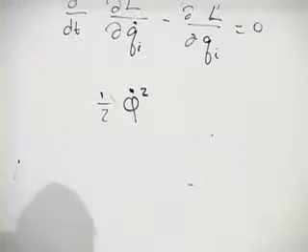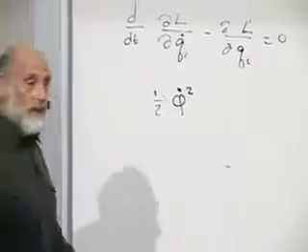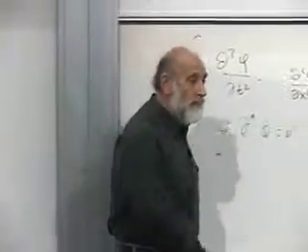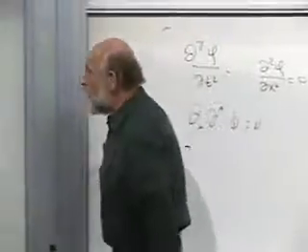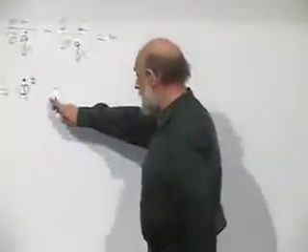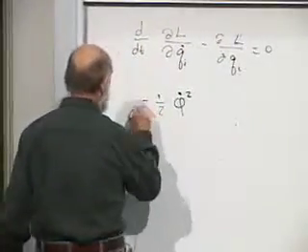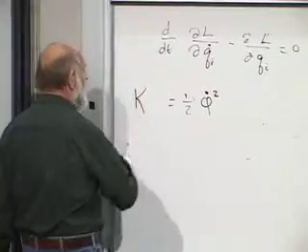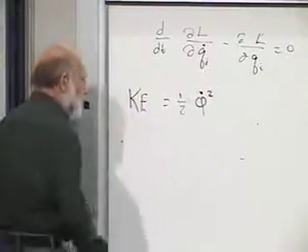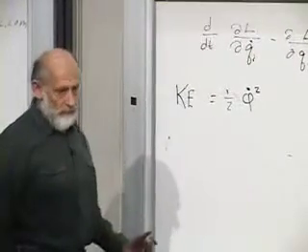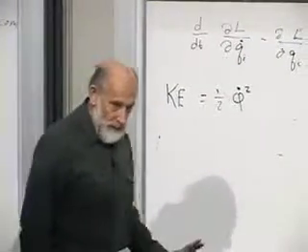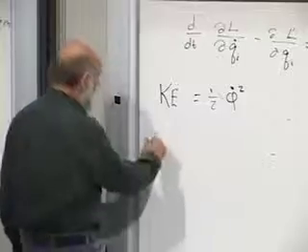It's not kinetic energy in the sense of something moving down the corridor here. It's kinetic energy in the sense that the field is moving with respect to time. Field is changing with respect to time. So this is kinetic. T, let's call it T or just K. Kinetic energy would be that. Things which do not depend at all on time derivatives are potential energy. All right, so what are the potential energy?